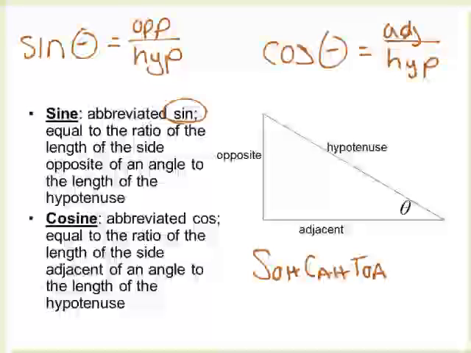But make up a story using the letters. The story that she used was Oscar had a heap of apples. Kind of taking each letter there, ignoring the S, C, and T. Or make up your own story, whatever's going to work, so that you can remember what these three fractions are, okay? Because you do need to remember the differences between them.